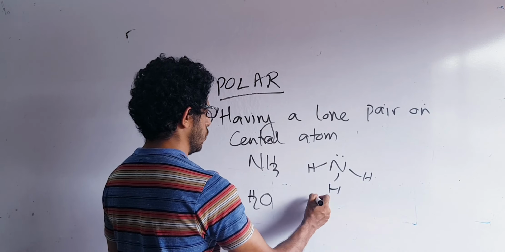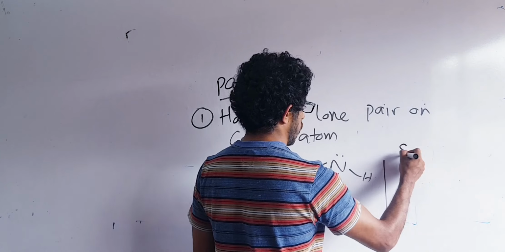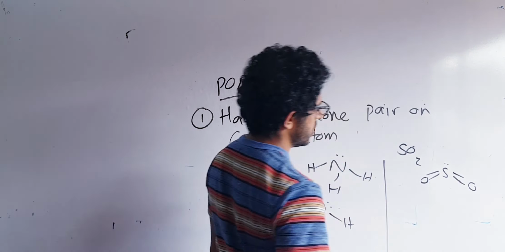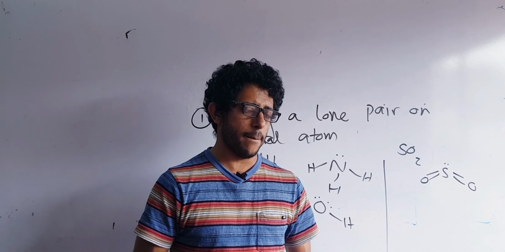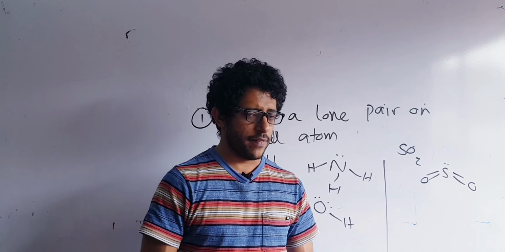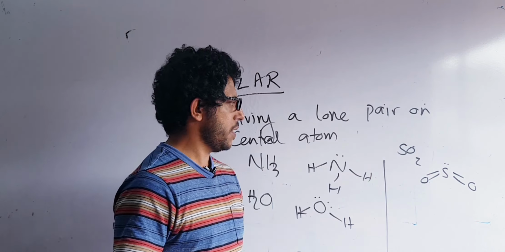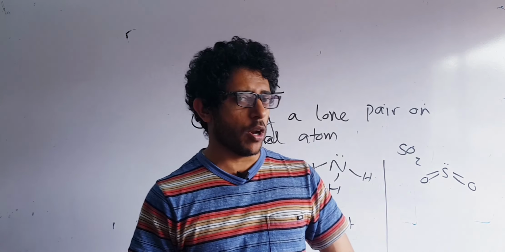H2O has two lone pairs on oxygen. SO2 again has a lone pair on sulfur. How do you know the structures of these molecules? That comes under Unit 1, bonding and structure, and I will put up a separate video on that. So if you have a lone pair on the central atom, usually that molecule is polar.